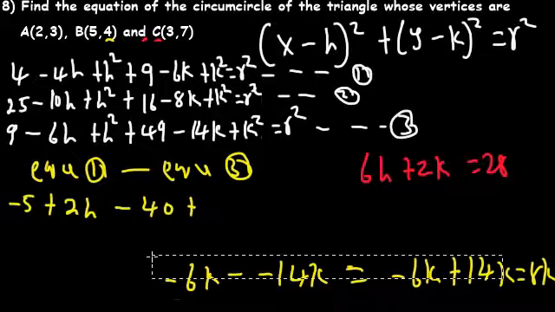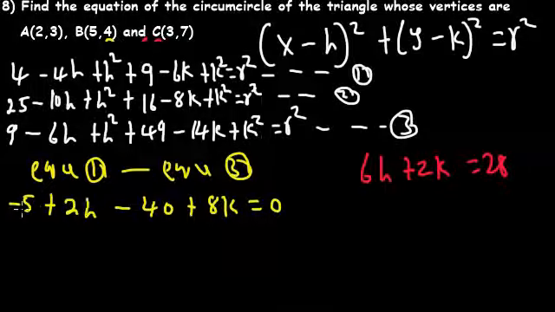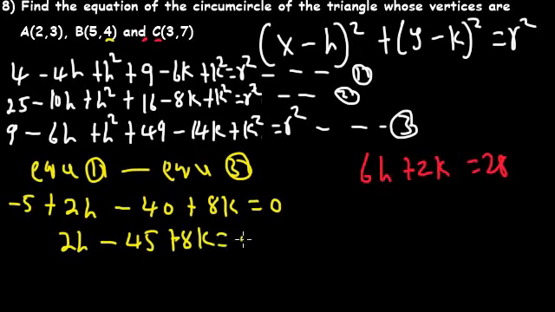So we have plus 8k, then the k squared cancels, likewise r squared equals 0. Now these are addable. We have 2h, then minus 45 plus 8k equals 0. Now since the constant, let's separate them as before.